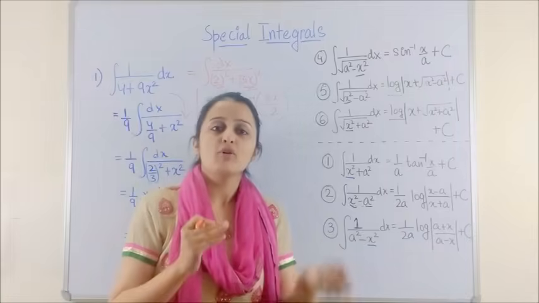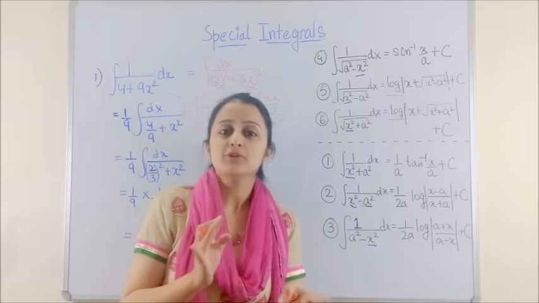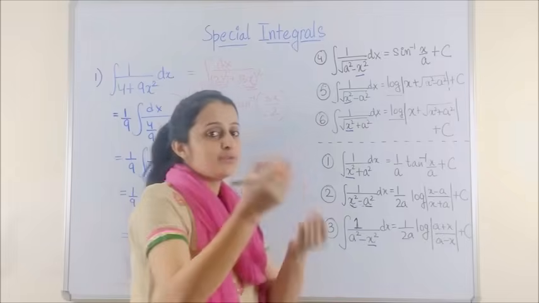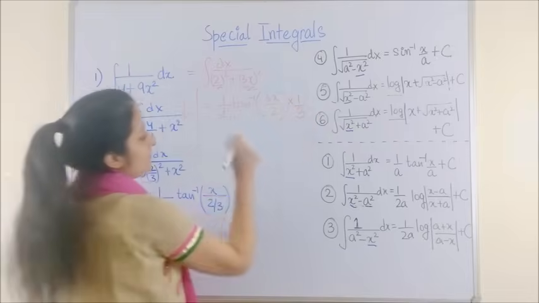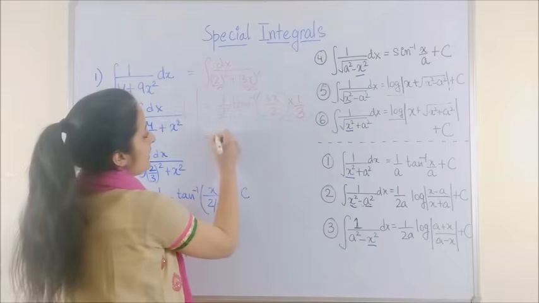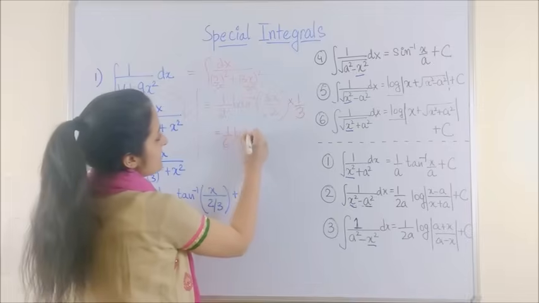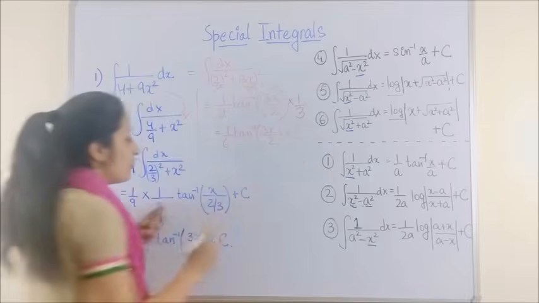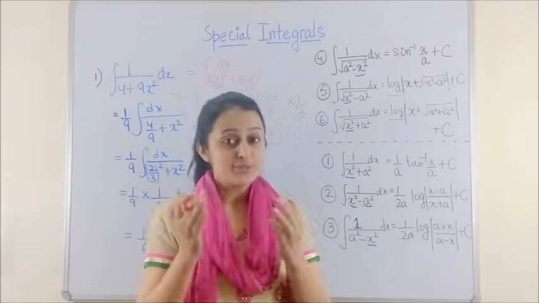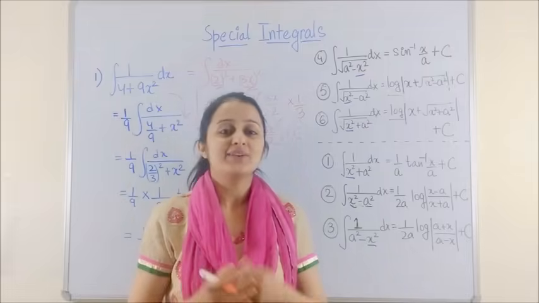So in case you have already integrated with some other coefficient, then you need to divide with the same number, which would be 3. So it once again gives you 1 by 6 tan inverse of 3x by 2 plus c. Now both the methods are acceptable. Suit yourself and try out the questions.